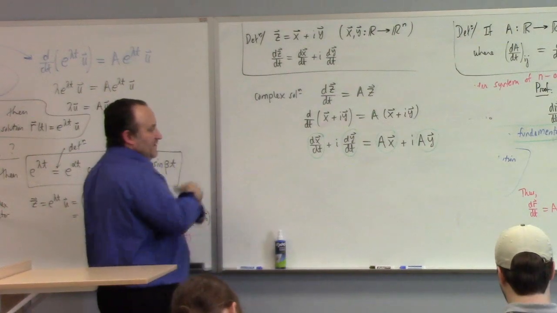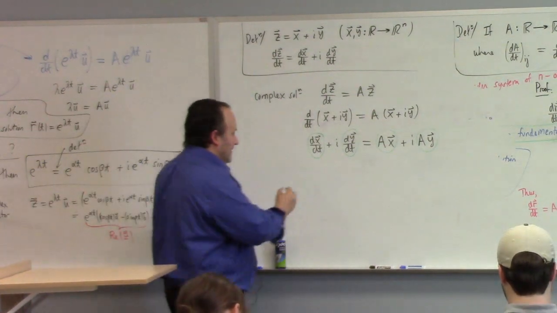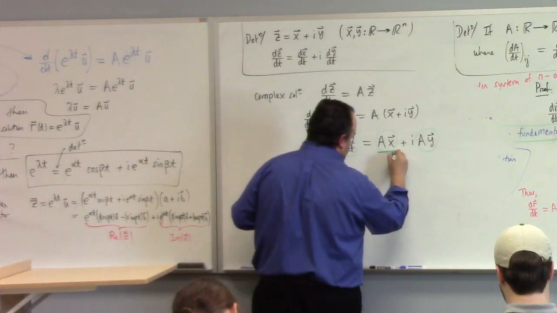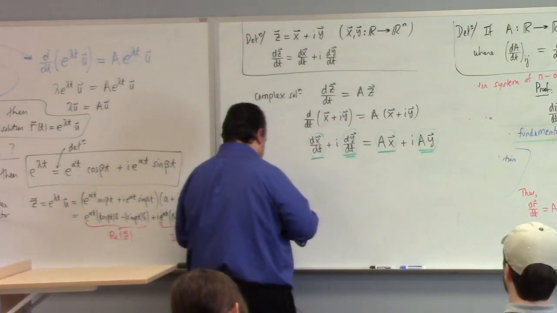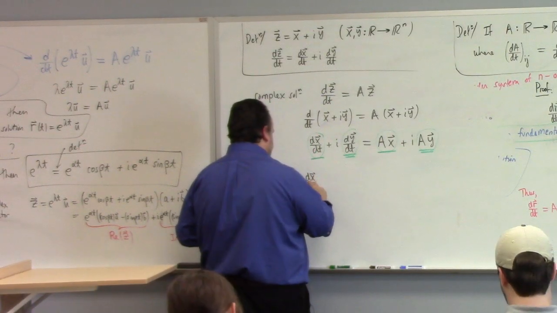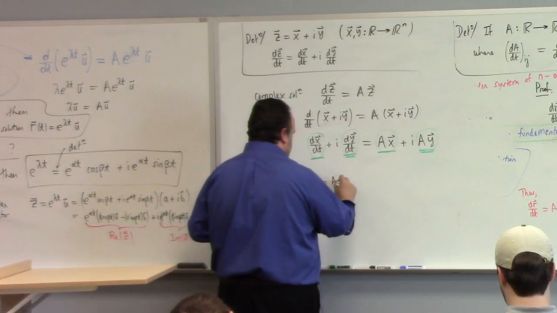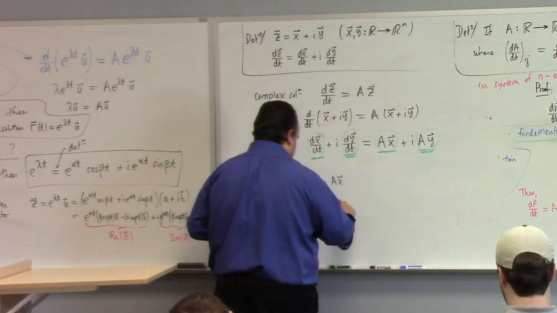And the only way you can have equality of a complex vector equation like this is if separately the real part matches the real part and the imaginary part matches the imaginary part, which is to say that dx dt has to be equal to Ax and dy dt has to be equal to Ay. What's that mean?